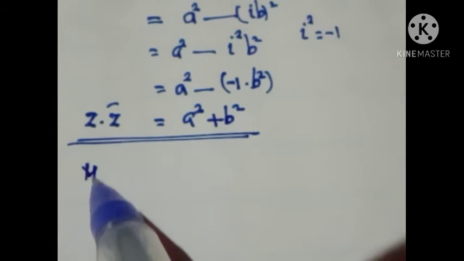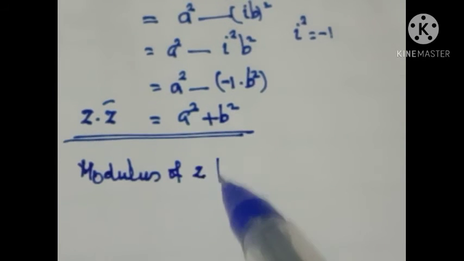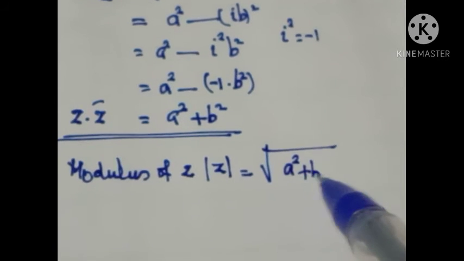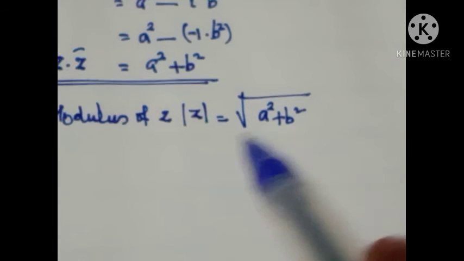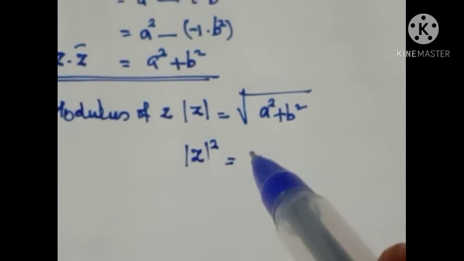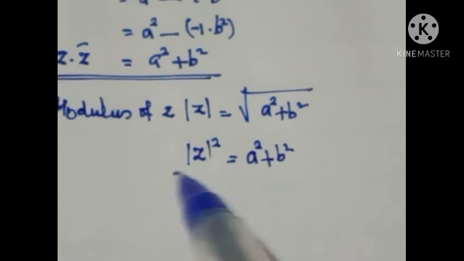Now we define modulus. Modulus of z is denoted by mod z. It is the square root of a square plus b square, isn't it? Mod z equals root of a square plus b square. So what is mod z square? Squaring on both sides we get a square plus b square.